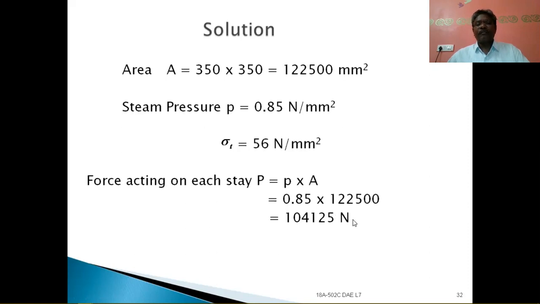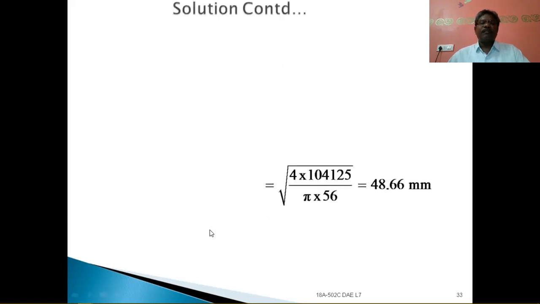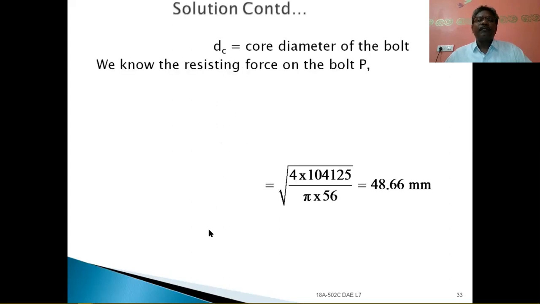That is 104,125 newtons. And this force acting on each stay must be resisted by the stay. That means now the resistance offered by each stay, where DC is the core diameter of the bolt.